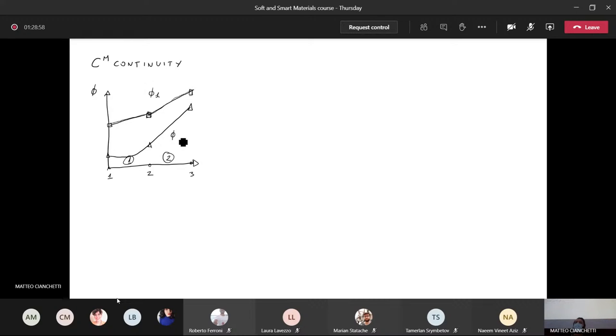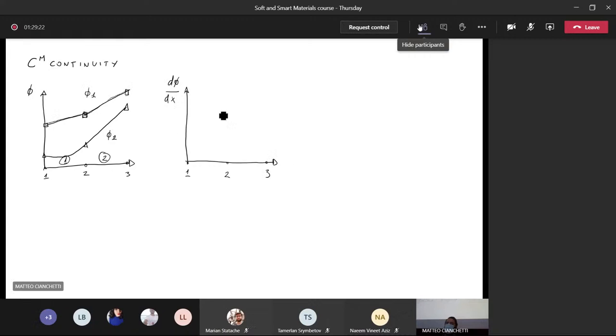But the difference between phi1 and phi2 is in their first derivative. If we trace the first derivative of these two fields, again we have node 1, node 2, node 3.